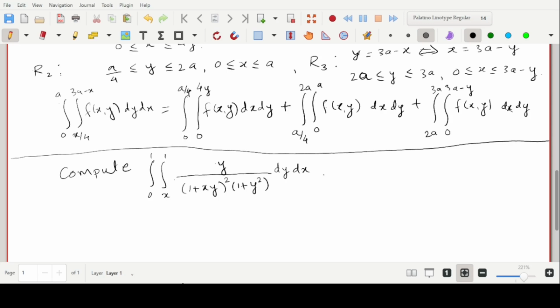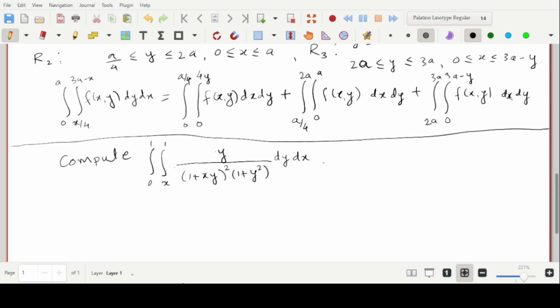Now here observe that first we are integrating with respect to y, and after substituting the limits in terms of x, we shall integrate with respect to x. Now considering this function f of xy as a function of y, it is really very difficult to integrate. You can certainly try your hand on that, and you may come up with an answer. It's not that you cannot integrate it, but if we change the order of the integral, then it becomes much easier.